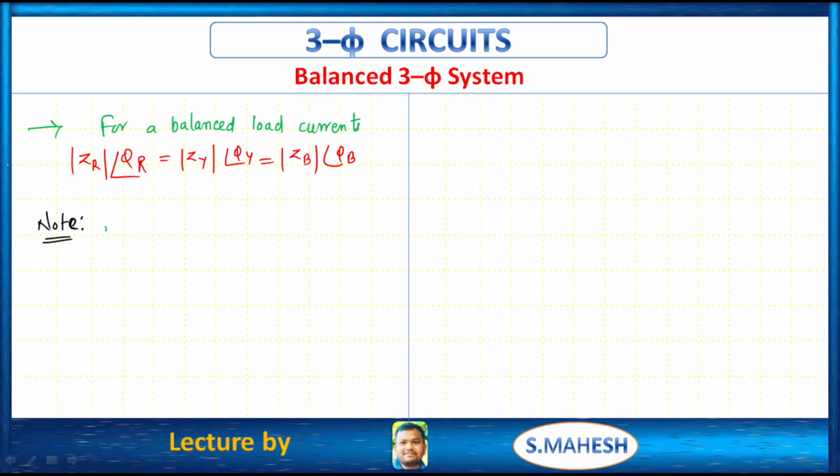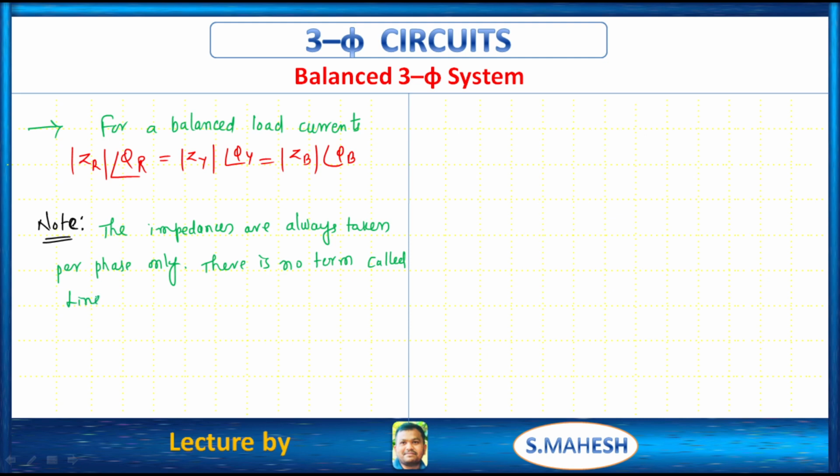The impedances are always taken per phase only. There is no term called line to line impedance. Okay, that is, there is no term called line to line impedance means what?